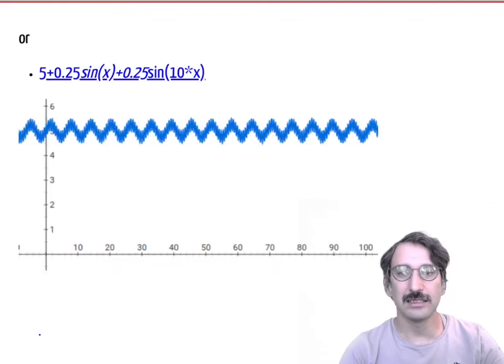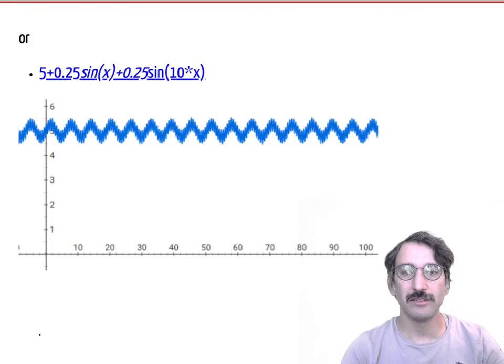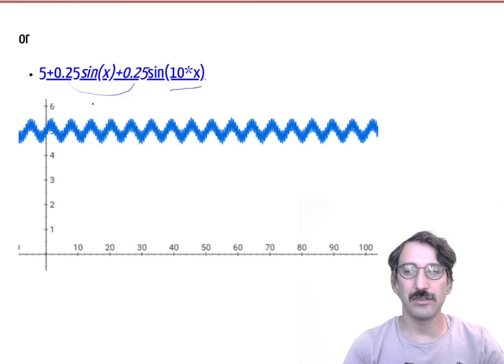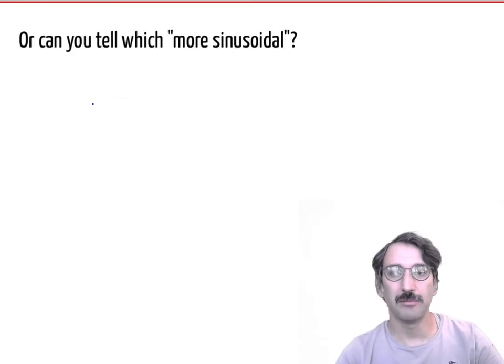The second one has again the same DC, plus 0.25 sin x, but also a high frequency component at 10 times x. It looks like much more ripple, but actually the total amount of ripple is the same as the previous one. So how can you decide which waveform is better, or which one is more sinusoidal?